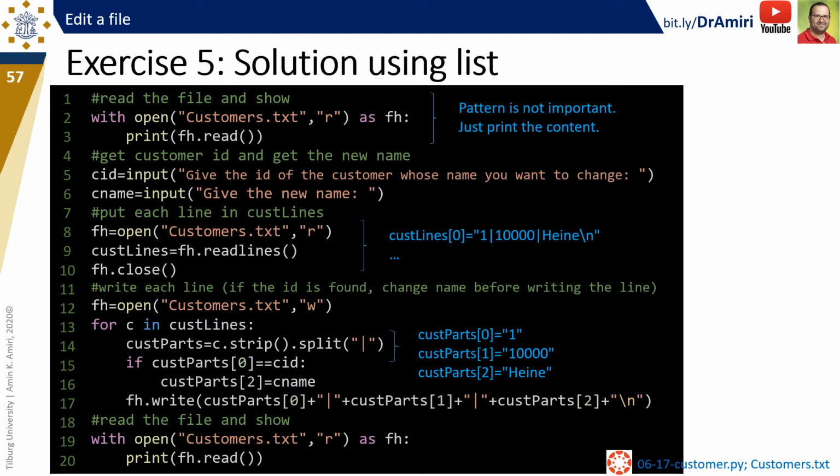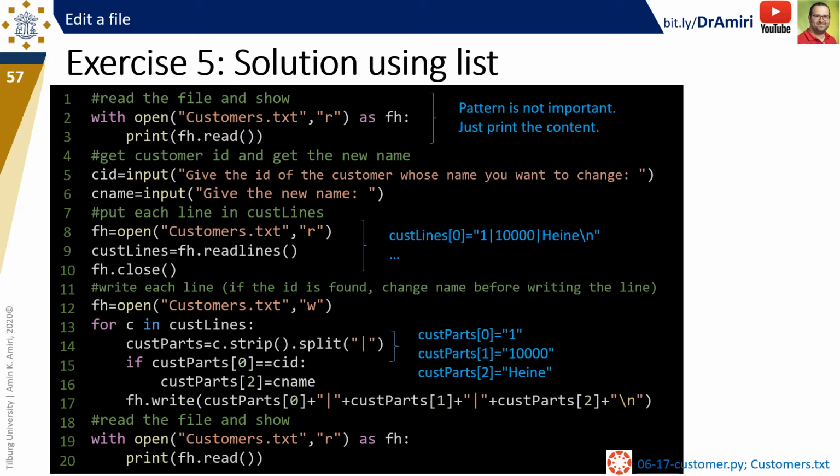Now in line 14, when I use c.strip, backslash n is removed, and afterward I use the split function, giving the argument vertical line, and as a result, we can see that cost parts will include the string of 1, the string of 10,000, and the string of Heine as three elements. So cost parts is a list that includes these three elements.